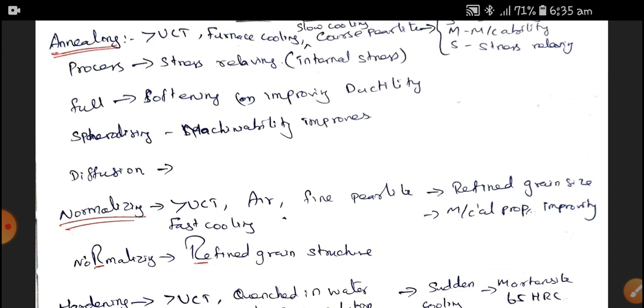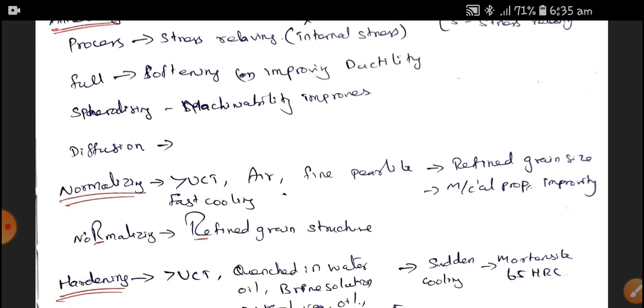We know that furnace cooling is a bit slower, whereas air cooling is a bit faster. Therefore, here fine pearlite is formed. This fine pearlite will improve the mechanical property and it refines the grain size. Therefore, here we get faster cooling than the annealing process.